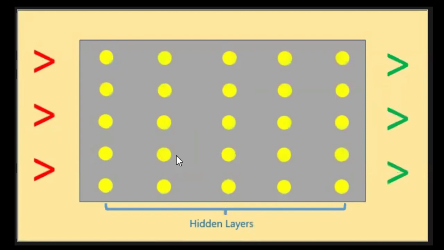That is the output; we call those neurons the output layer. In between, there are multiple neurons. These neuron layers are known as hidden layers. So if you take any neural network, we have an input layer, an output layer, and hidden layers.